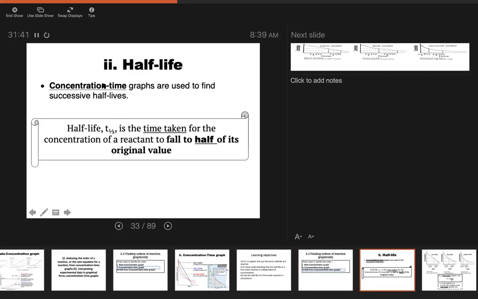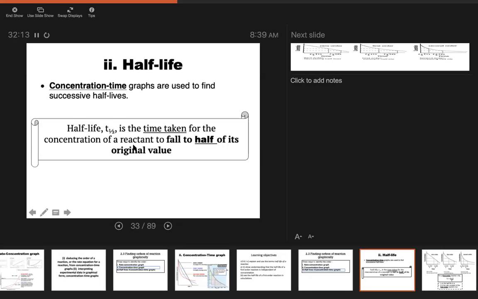Okay. So half-life can be determined or calculated from the concentration time graph. So you don't get confused, okay? What is the definition of half-life? Half-life, or sometimes written down as T half, okay? T here stands for the time. So half-life is the time taken for the concentration of a reactant to fall to half of its original value.